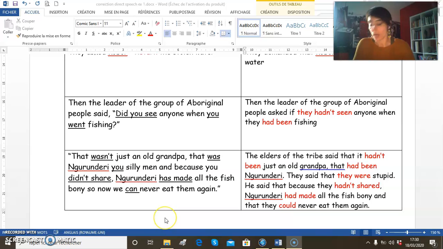So for example, simple present will lead to simple past, present perfect will lead to past perfect, simple past will be transformed to past perfect too, the modal "can" into "could", "will" into "would", "shall" into "would", and "may" into "might". This can be easier for you then to transform.